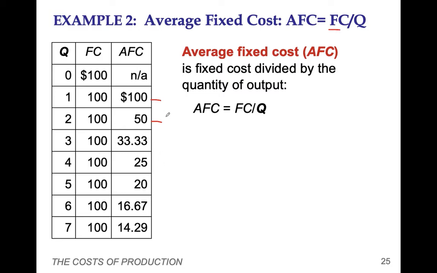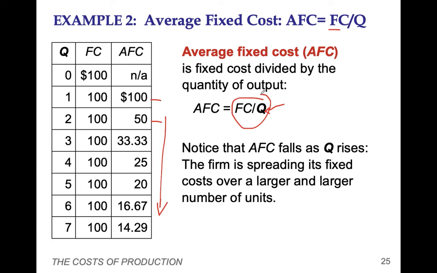It is always decreasing. This is obvious because as the denominator Q increases, the ratio decreases. So notice that AFC falls as Q rises.